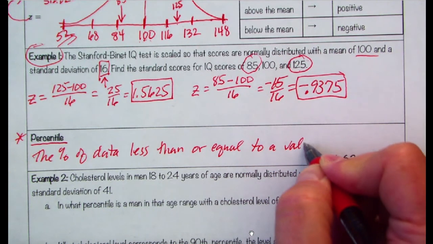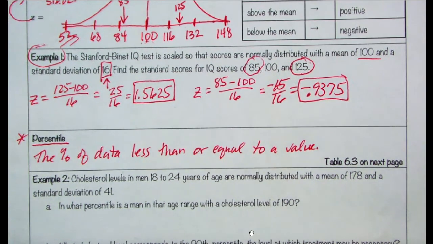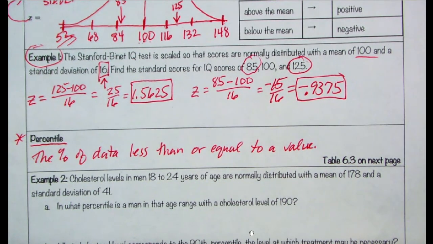The percent below, less than or equal to some value. So if you go to the doctor and they say you're in the 90th percentile, what that means is 90% of all people your age and your gender weigh less than you do. If you're the 95th percentile in height, that means 95% of people like you are shorter than you are. So percentile is always percent below.